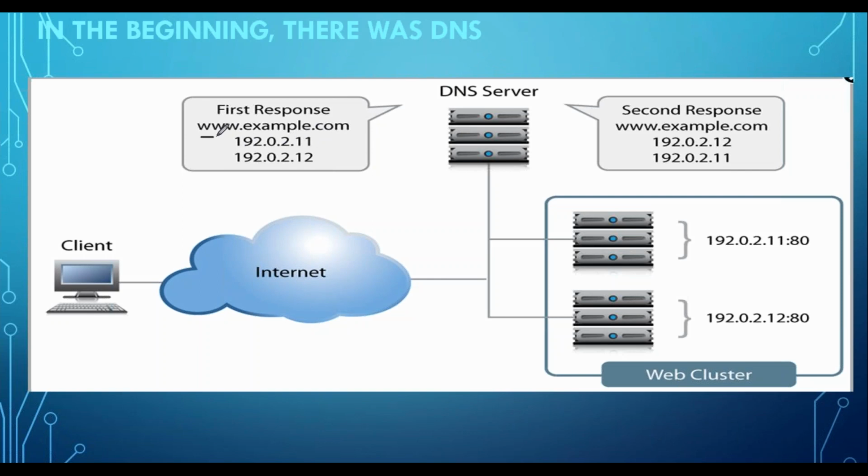Let us assume that the user is trying to access example.com and this application is hosted on two servers. So what was done on the DNS server is two A records were created corresponding to this domain name, resolving to 192.0.2.11 and 192.0.2.12.